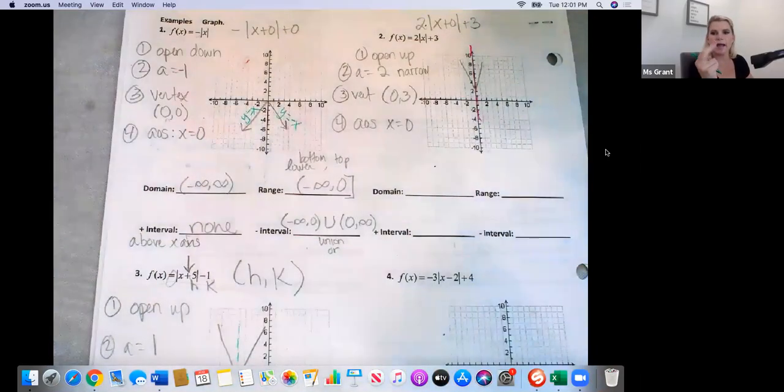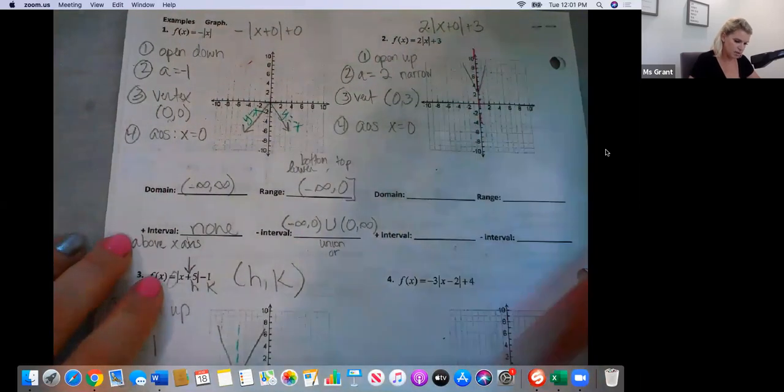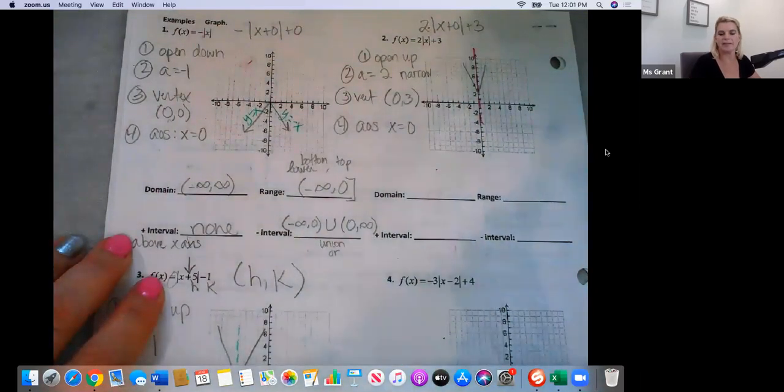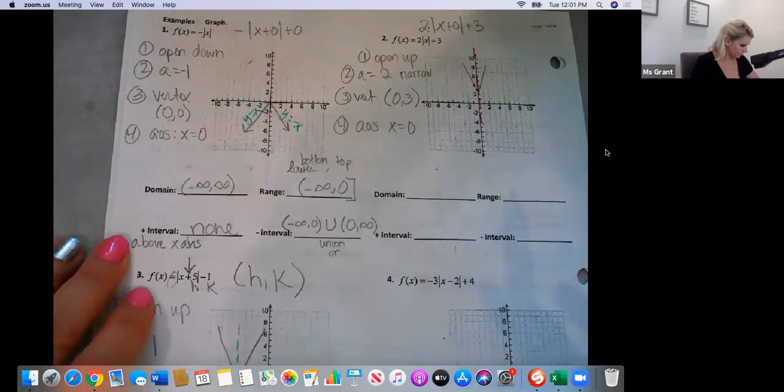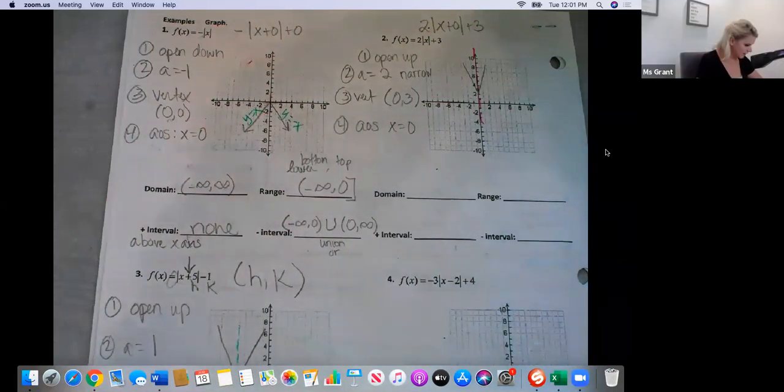Two parts to my line because it has a here and a here. The union of the two makes the negative interval. It's all in the negative. Okay, and I think we're good.